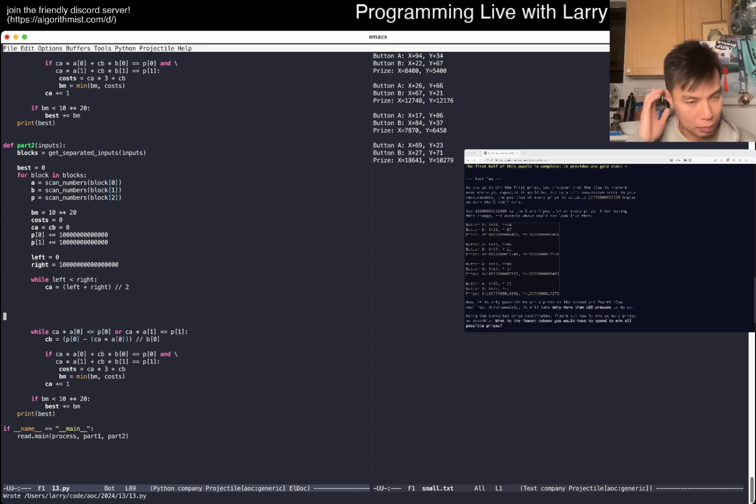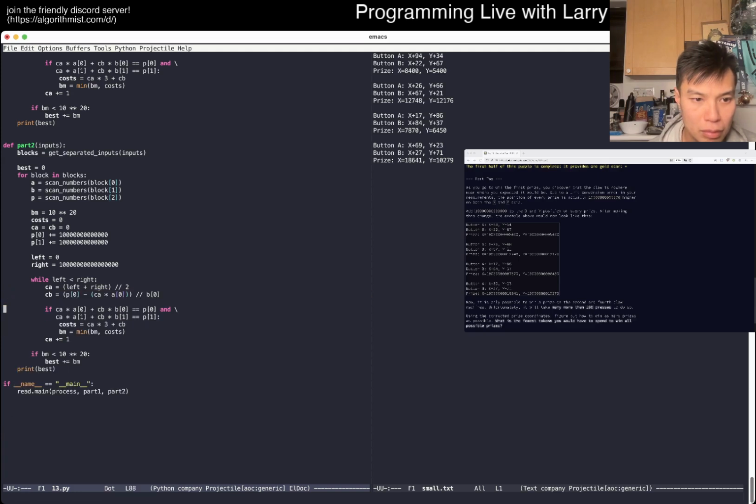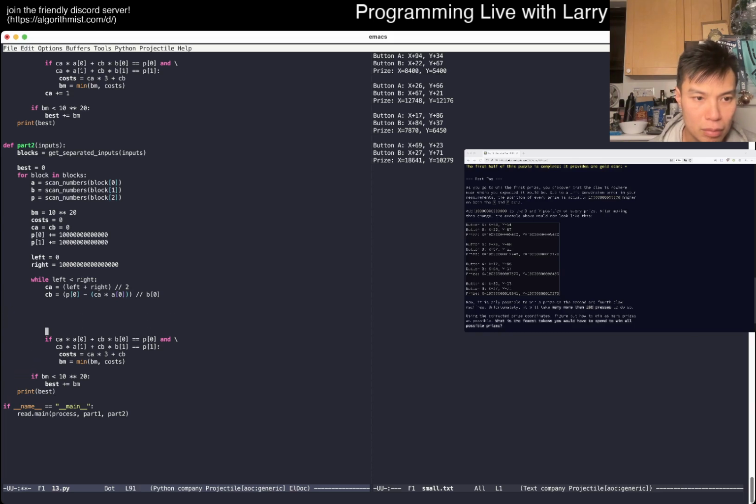You have an intersection of points. I'm trying to figure out whether I need to break out a solver. That doesn't make sense for binary search.